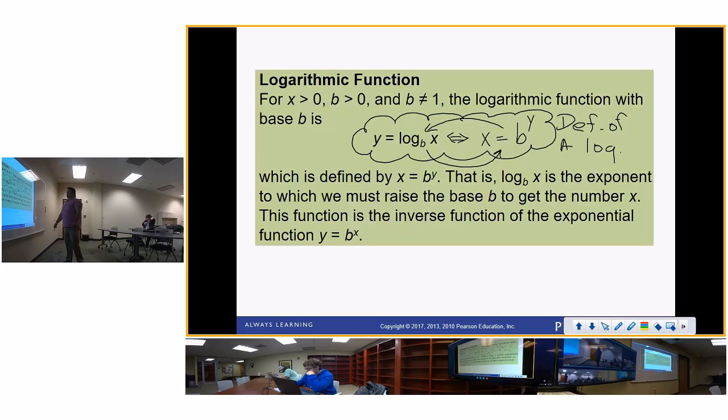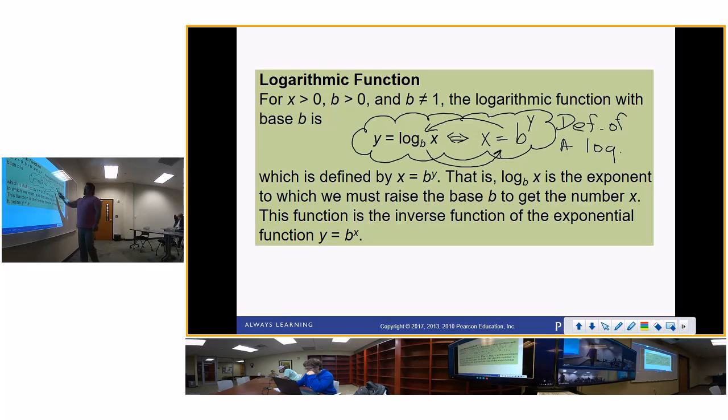Okay? And this is the inverse of that, which is really not relevant to this, but it's relevant to other problems. The definition of a logarithm: make sure that base, whatever this number is, is going to be this. Okay?